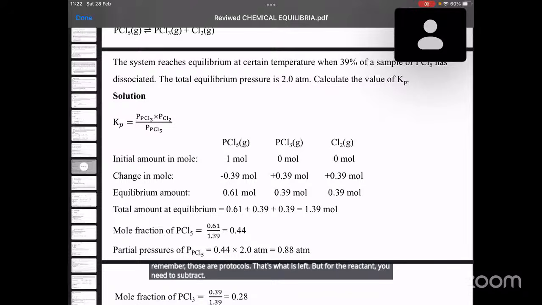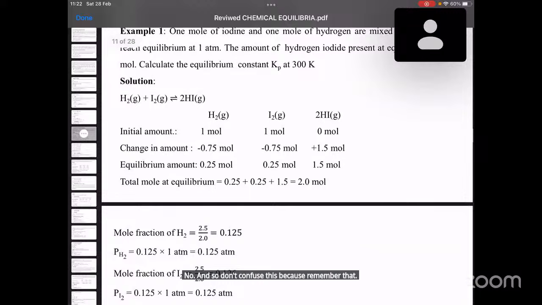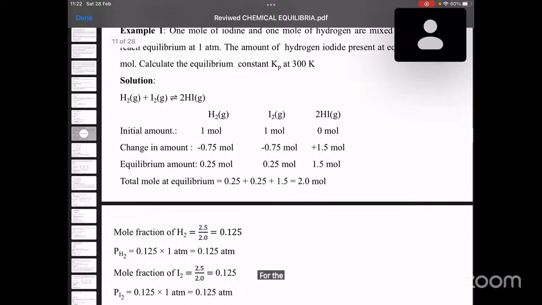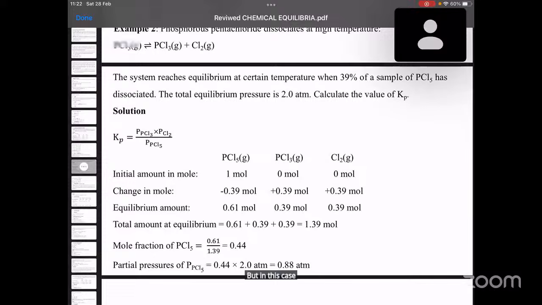Don't confuse this, because for the first reaction we were given the amount of the product, but in this case we were given the amount of the reactant consumed. At the end of the day, the arithmetic manipulation is still the same, and you have the number of moles left in that reaction medium.